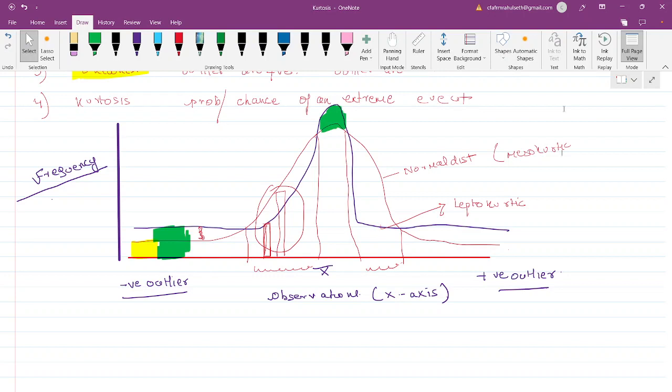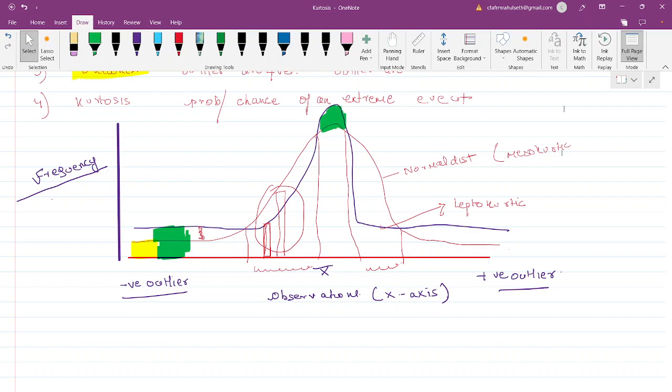And see, if a distribution of returns of a particular stock is leptokurtic, then investment in that stock is going to be very, very risky, because the probability with which outliers, the probability with which extreme values will occur is higher in such a distribution. Your outliers and extreme values are the same thing.